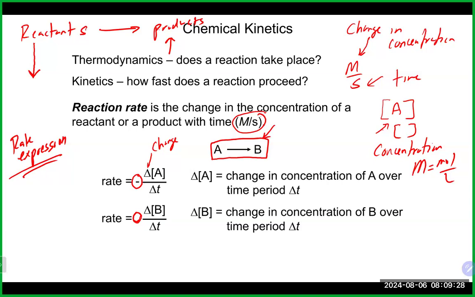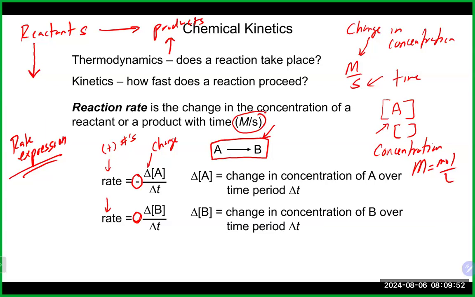The real reason for the negative being there for our reactants and not there for our products is that, typically speaking, when you calculate this rate, these are usually positive numbers. And in order for it to be a positive number, we need that negative there to get it to a positive value.